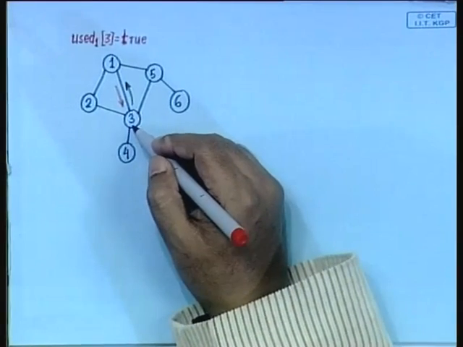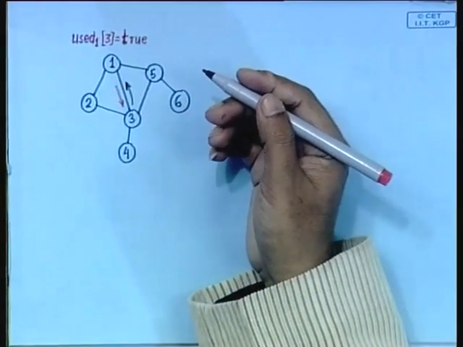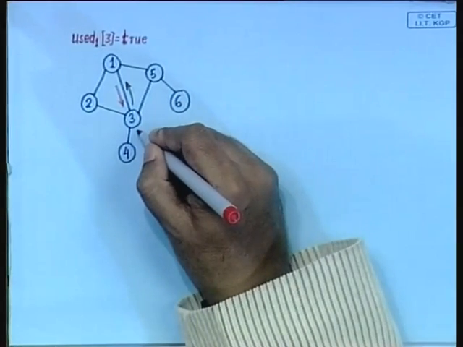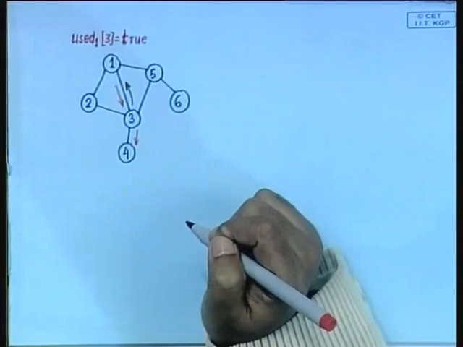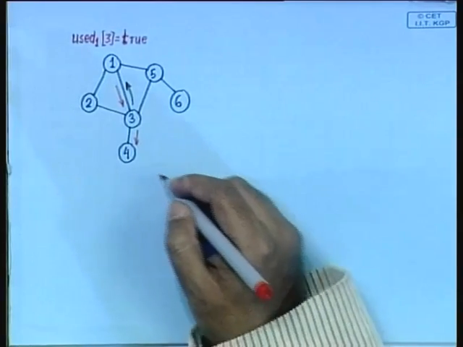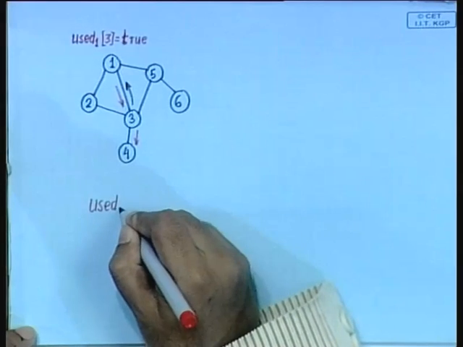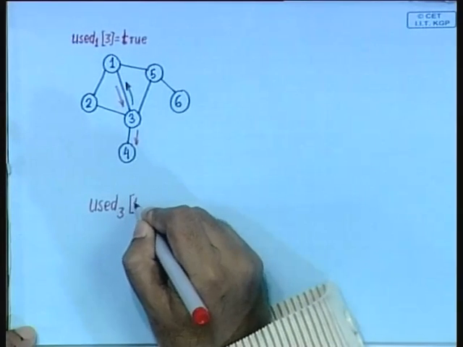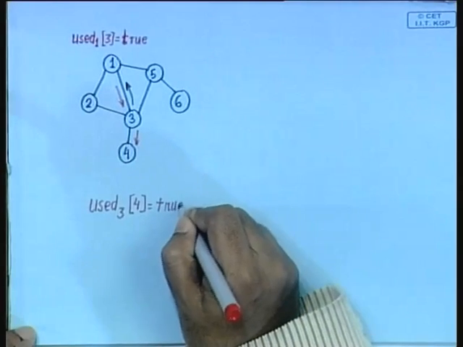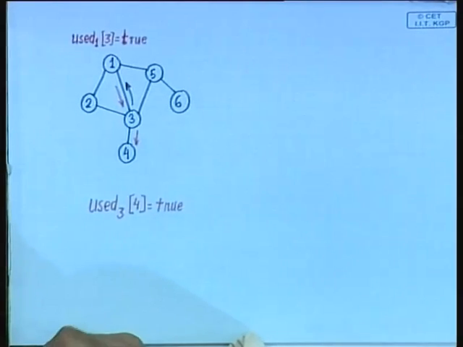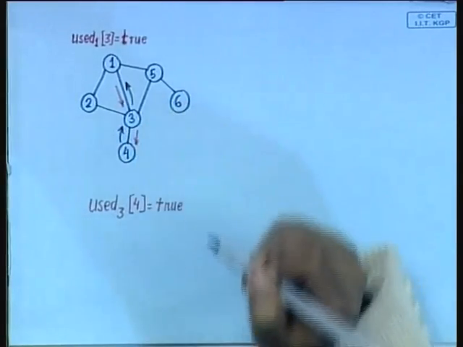What is this going to do? It will choose one of its neighbors. So, let us say that it chooses 4, right. So, now used 3 4 is true, and 4 knows 3 to be its parent.